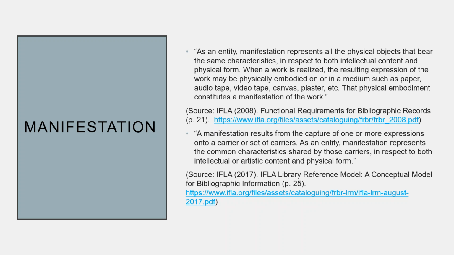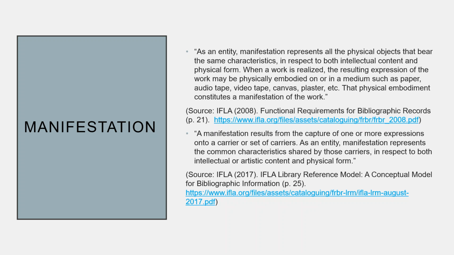So that was the 2008 definition. And then in 2017, they defined manifestation as: a manifestation results from the capture of one or more expressions onto a carrier or set of carriers. As an entity, manifestation represents the common characteristics shared by those carriers in respect to both intellectual or artistic content and physical form. So they're bringing a lot more RDA terminology into this newer definition than they did in 2008, which makes sense.